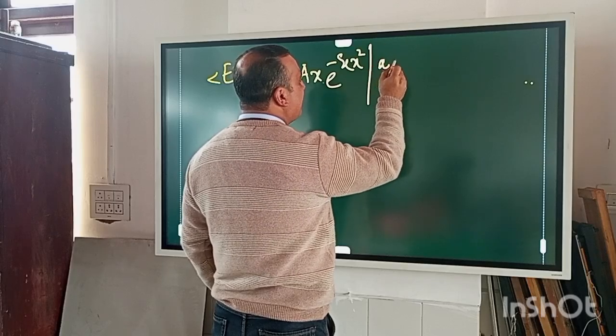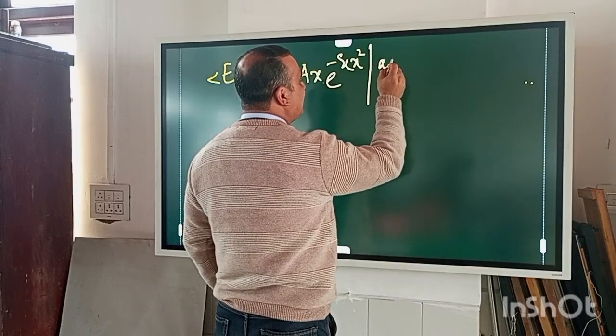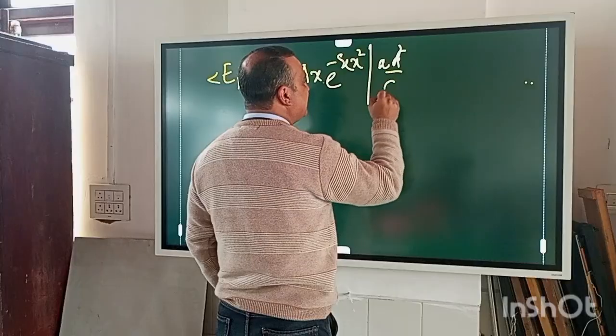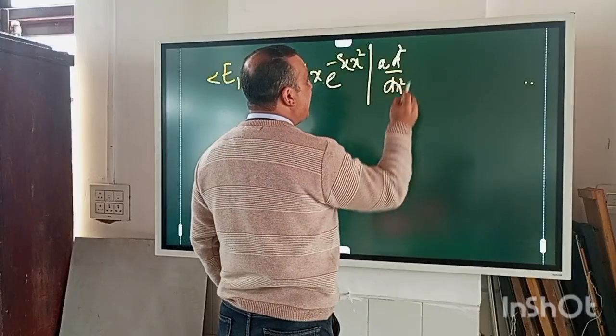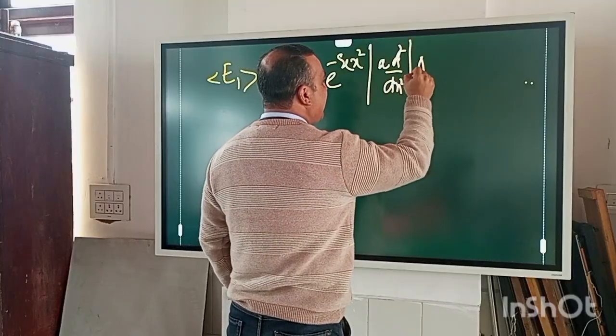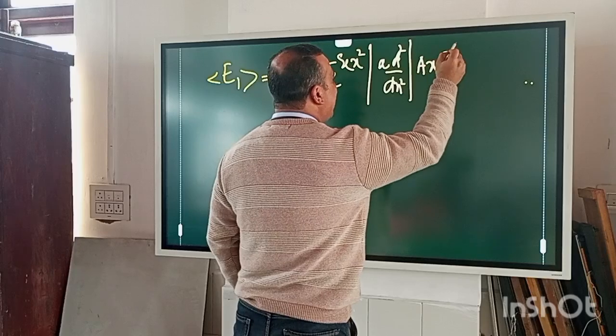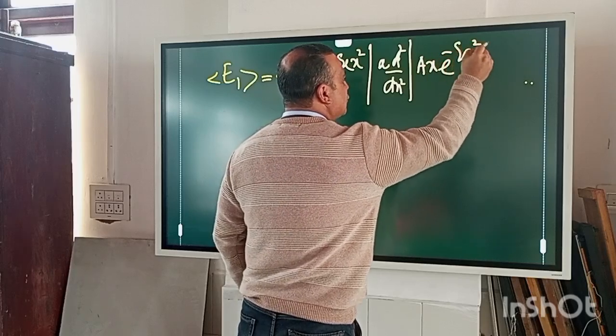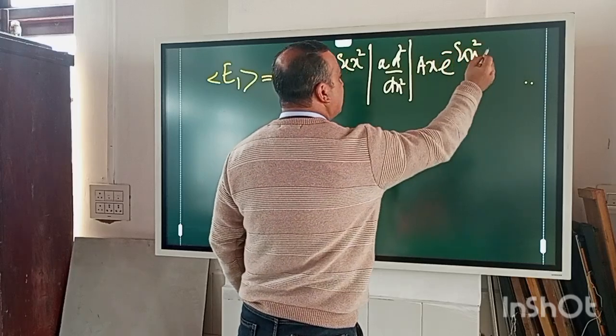Then I will have d2 by dx2, and then again Ax e to the power of minus zeta x squared. Okay, I will close it.